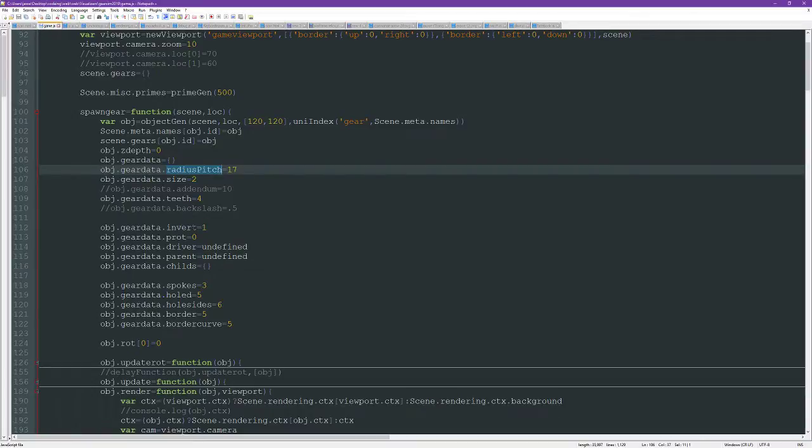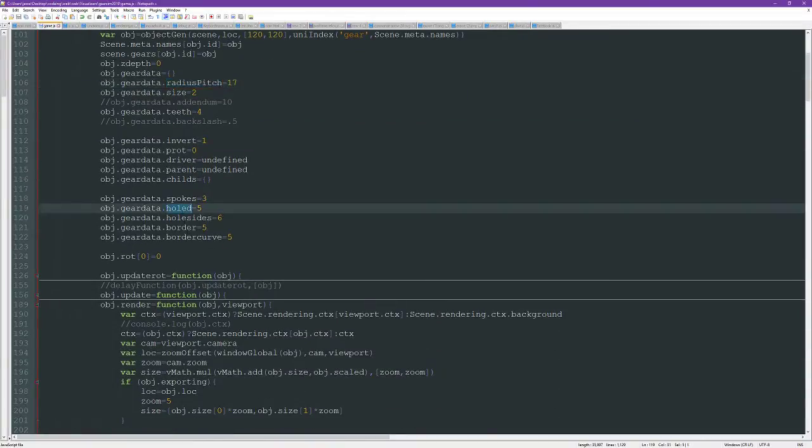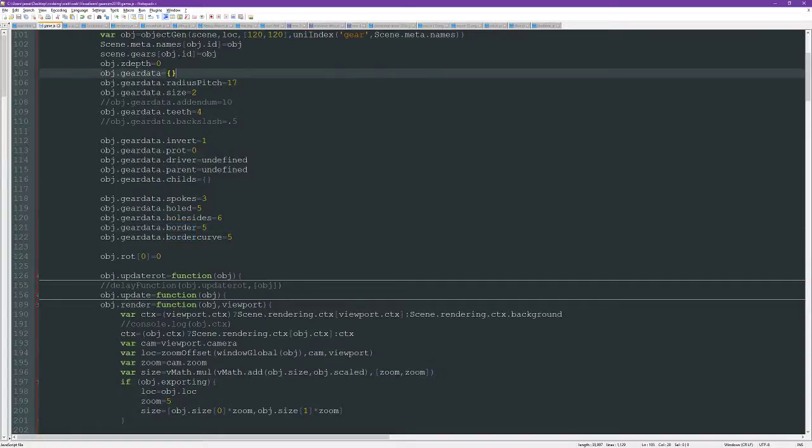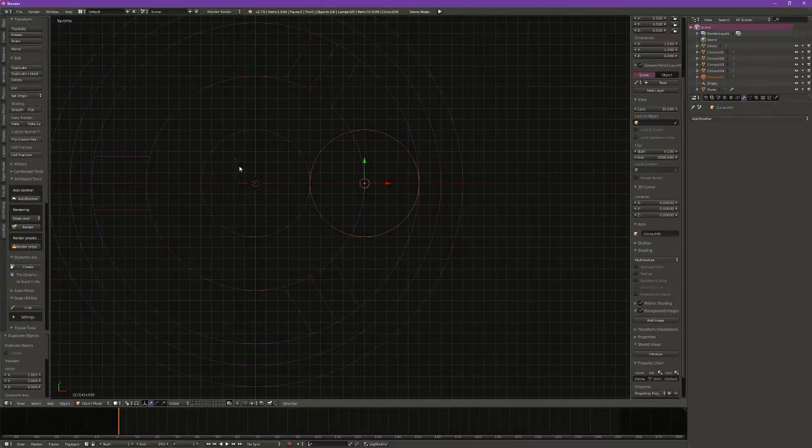Pitch radius is 17. The hole in the middle is 5. Our border is 5. 5 plus 5 is 10. Oh, times 2. It's 17 times 2, that's what's messed up.